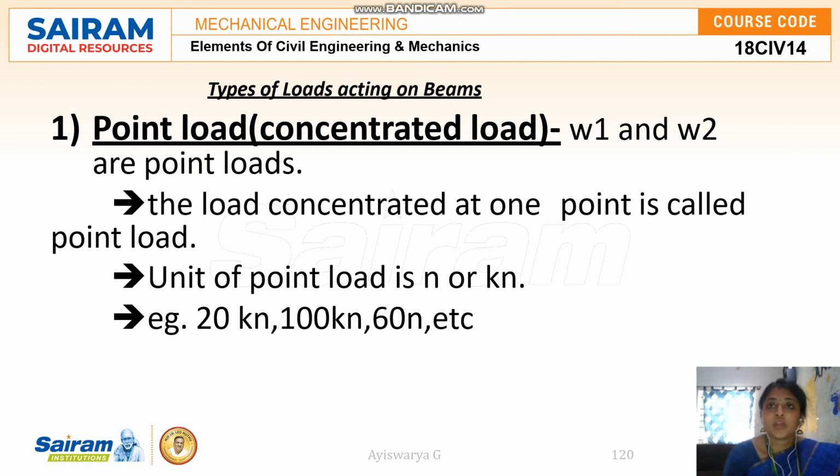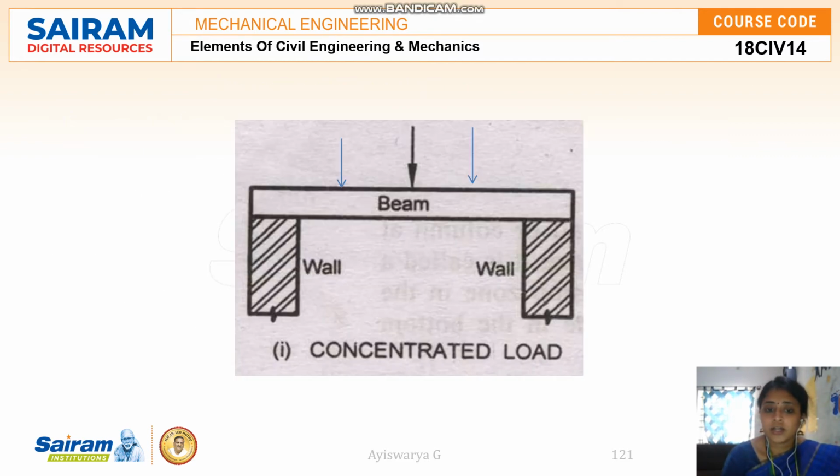For example, your load may not be evenly distributed. For that you have to convert it into a single point load, so that the calculation will be much easier. In some cases there are inclined loads which you need to resolve into x component and y component. X component is F cos theta, y component is F sin theta. You have to take the theta.